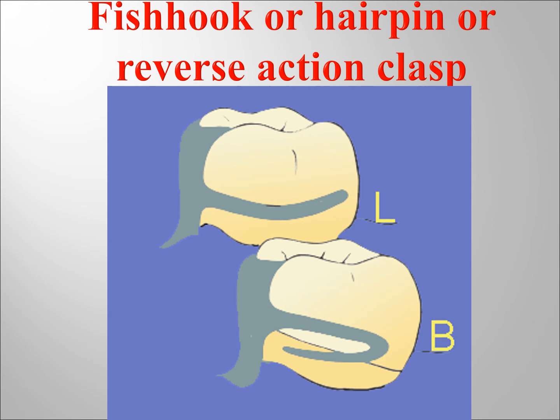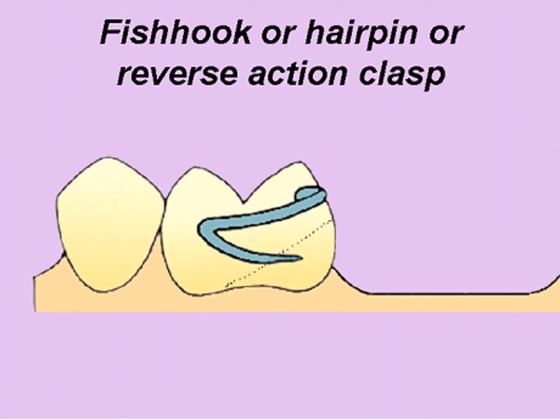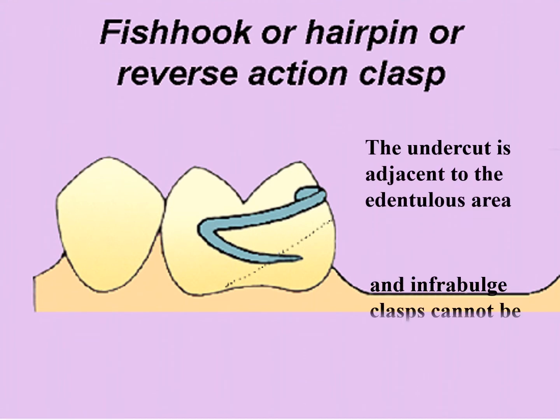The retentive arm goes all along, and it goes back to the deepest undercut next to the edentulous saddle. Again, if it is a distal extension, it's an option, but the number one option is gingivally approaching clasps, and then you can think of other options. All right.